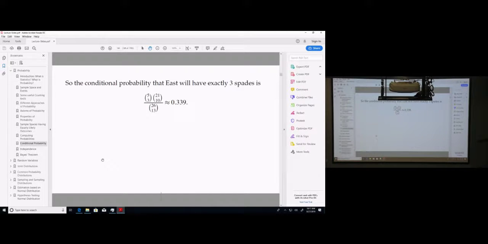You might ask about the other probabilities: East will have 4 spades, or East will have all the spades, and so on and so forth.